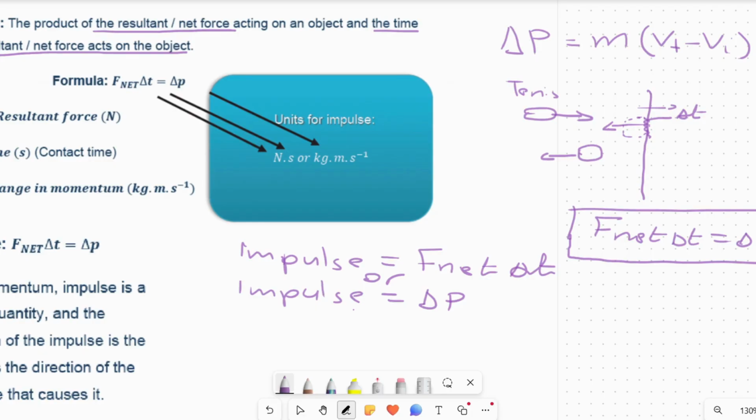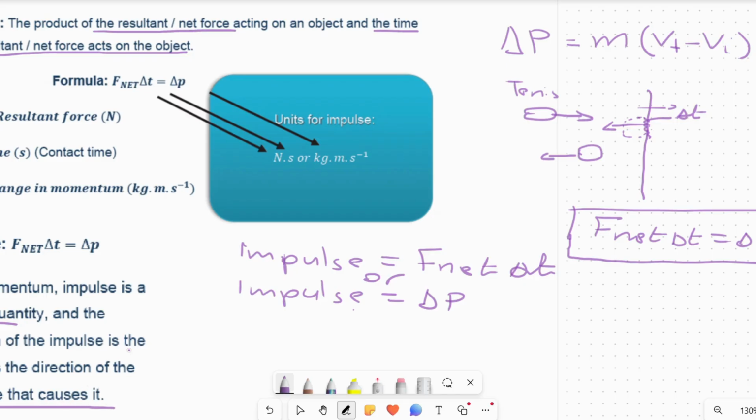So what do we see from here? Another important thing is that, like momentum, impulse is a vector quantity, obviously, because it's a change of momentum, and momentum is a vector quantity. The direction of the impulse is the same direction as the net force that is causing it.